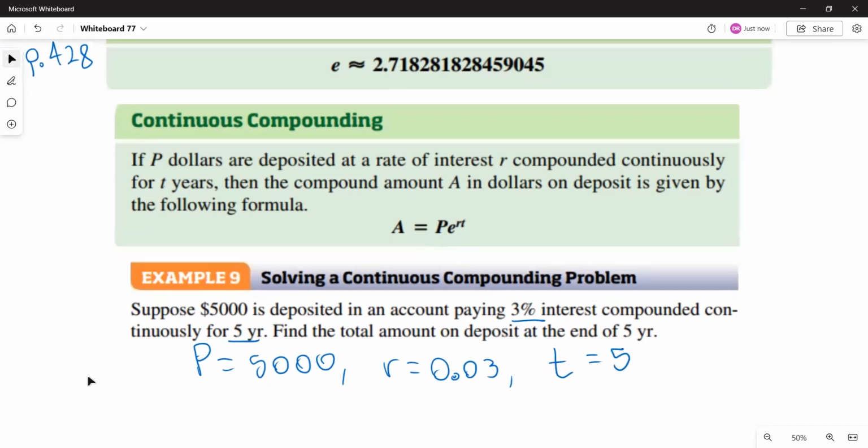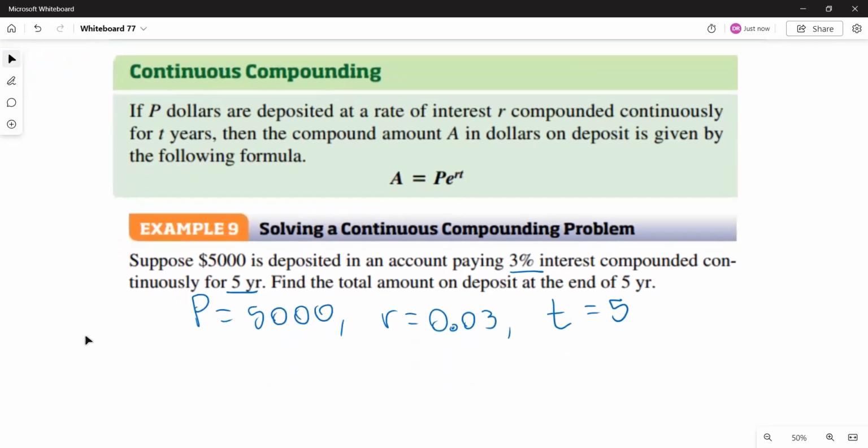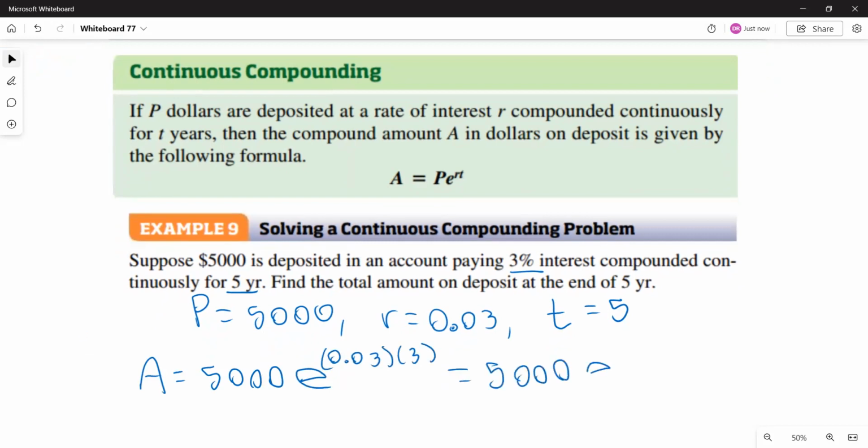Okay, the amount is 5,000 times the number E raised to the 0.03 times 3, 0.03 times 3 is 0.09. And to the nearest cent.